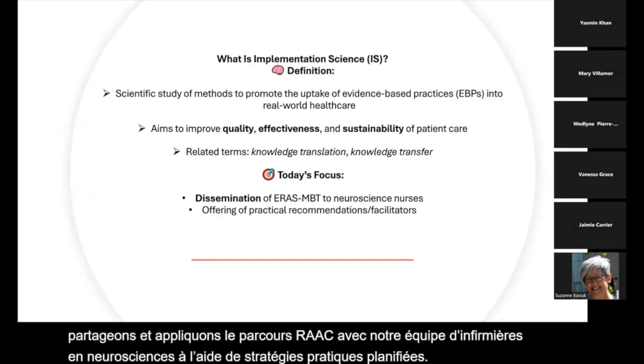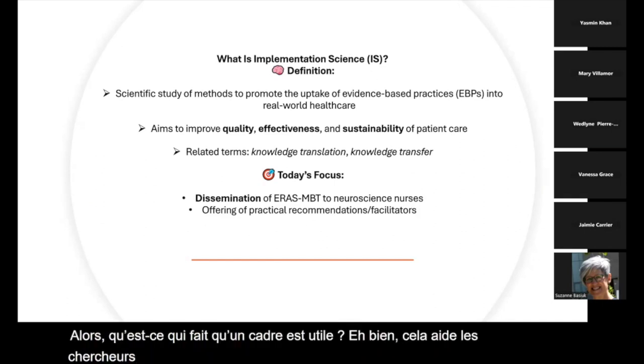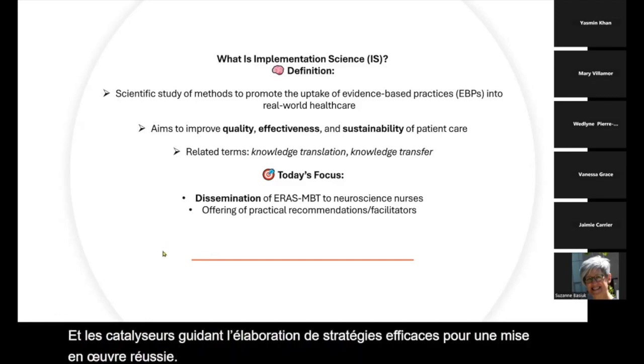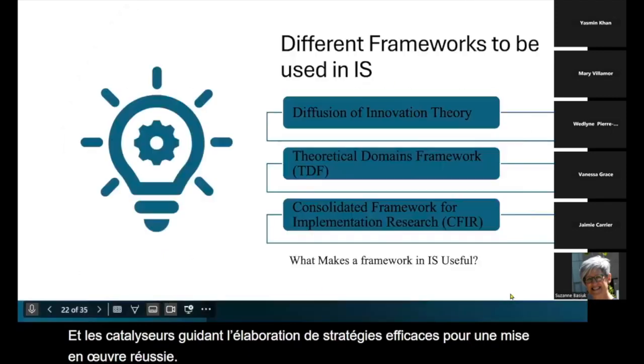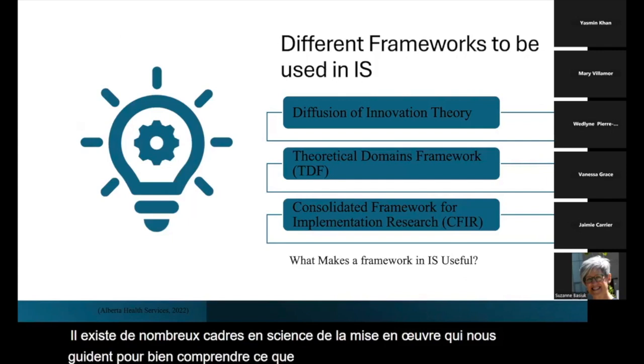So what makes a framework in IS useful? Well, it helps researchers and clinicians identify key barriers and enablers, guiding the development of effective strategies for successful implementation. There are many frameworks in implementation science that guide us to thoroughly understand what internal and external factors influence the implementation success or its failure.